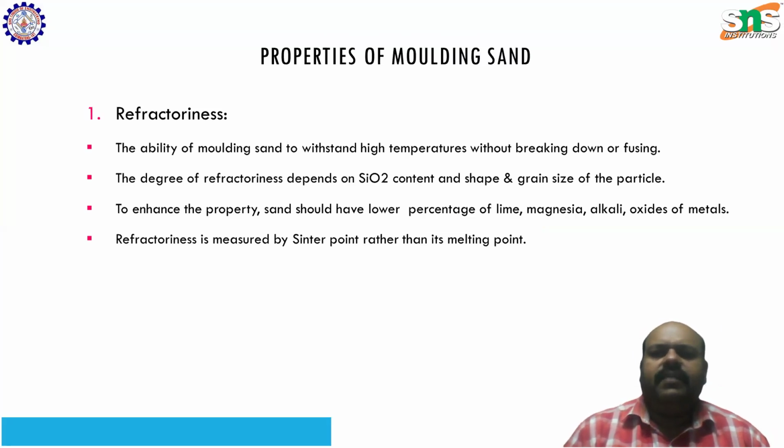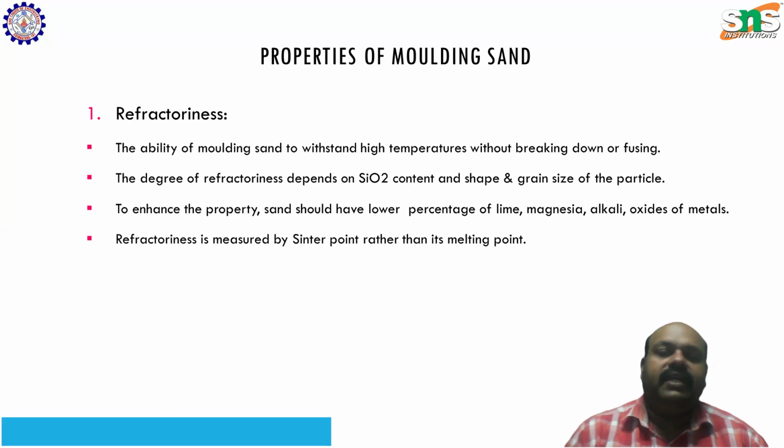So what are the properties required for a molding sand? Number one, refractoriness. What is meant by refractoriness? The ability of molding sand to withstand high temperature without breaking or fusing. The melting temperature is different from the pouring temperature.